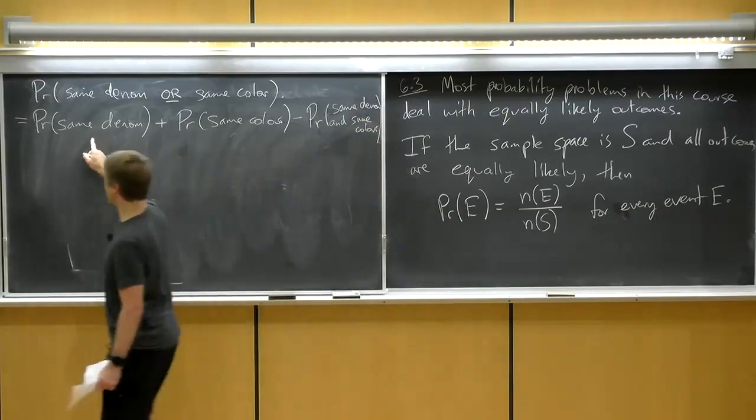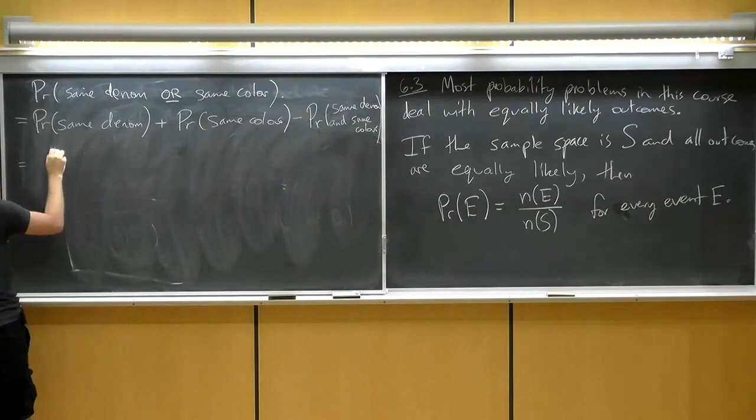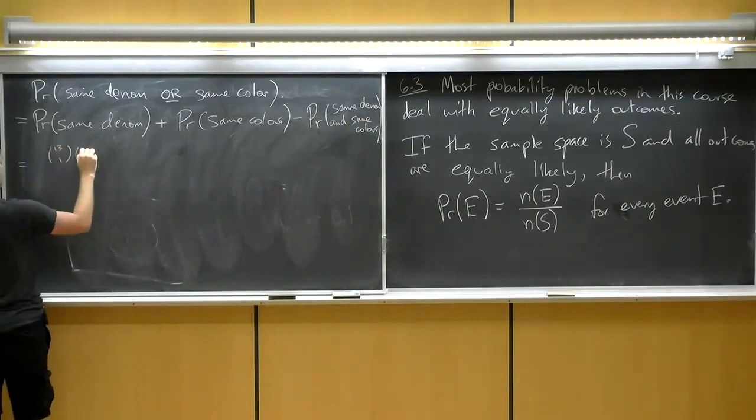This first one we already computed. It was 13 choose 1, 4 choose 2, over 52 choose 2.